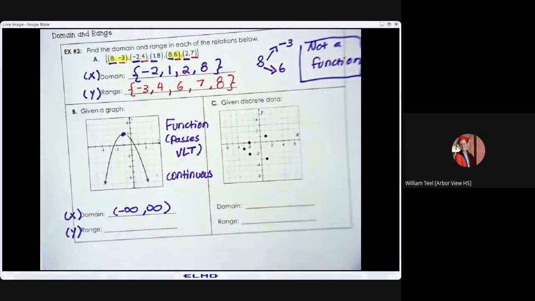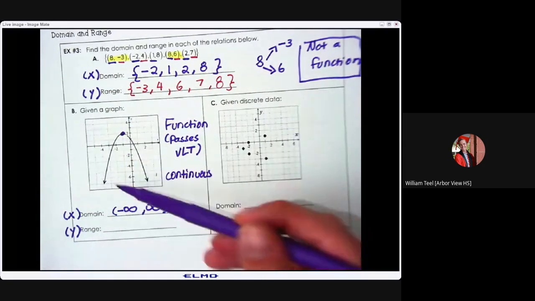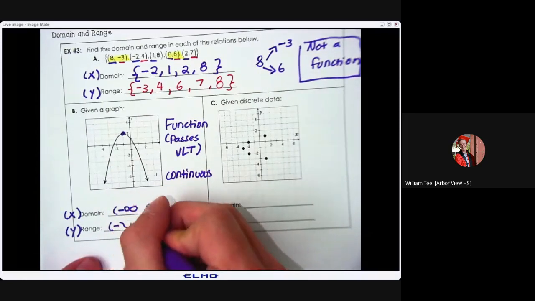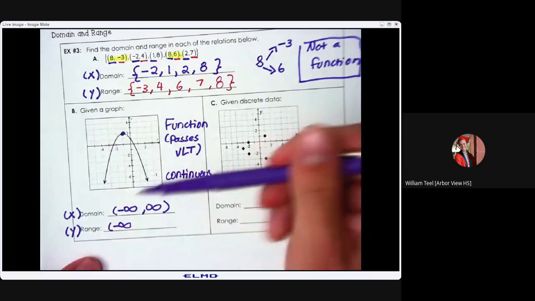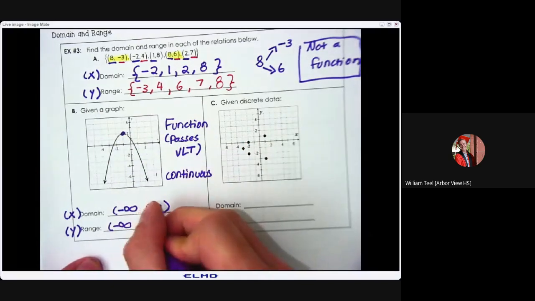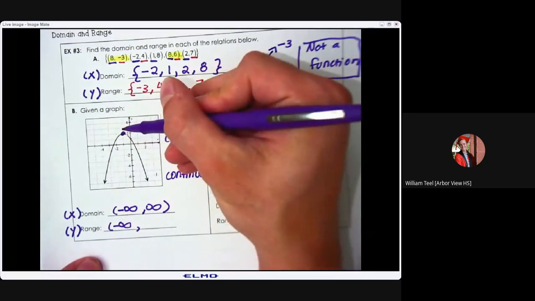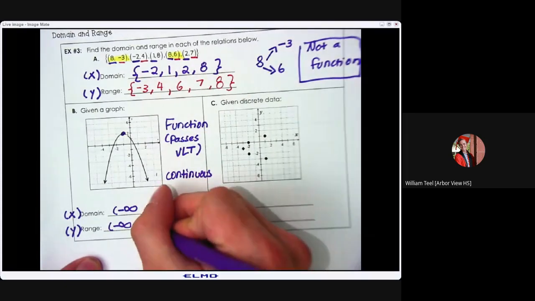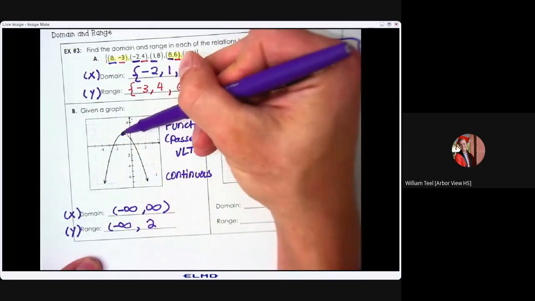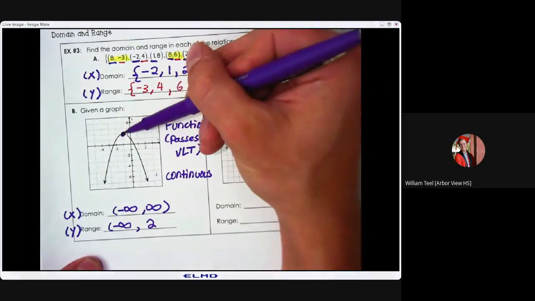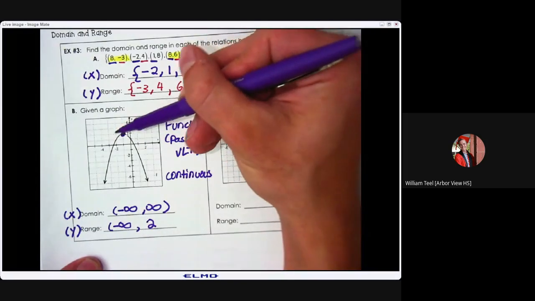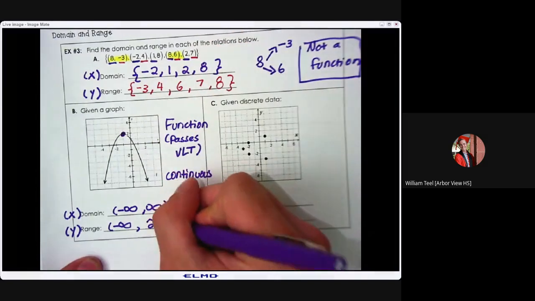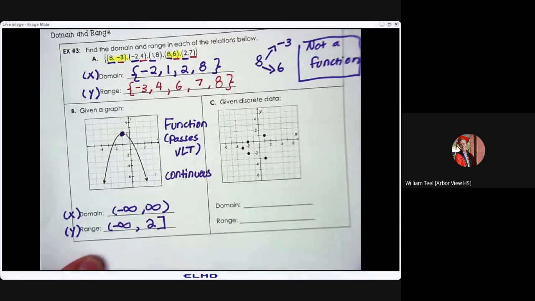Since all of these values are possibilities for outputs, I'm going to say negative infinity, because my graph can go all the way down. However, I am stopping up here at 2, when my y value gets to 2. Since 2 is hit on the graph, it's included, right? The graph goes through that point when the y value is 2. I am going to use a bracket instead of a parenthesis.